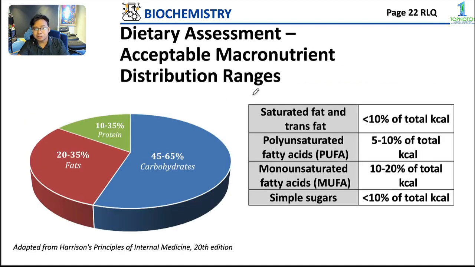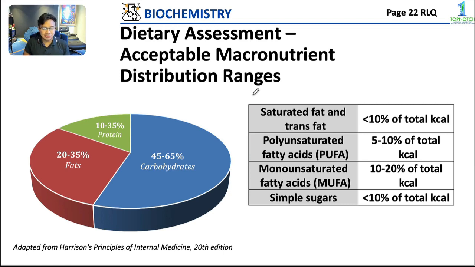Now, kailangan din guys, alam niyo yung ating mga AMDR ranges. Your acceptable macronutrient distribution ranges. They're defined as range of intakes for a particular macronutrient that is associated with reduced risk of having chronic disease while providing adequate amounts of essential nutrients. Now, for carbs dapat, diet should consist of around 45 to 65%.